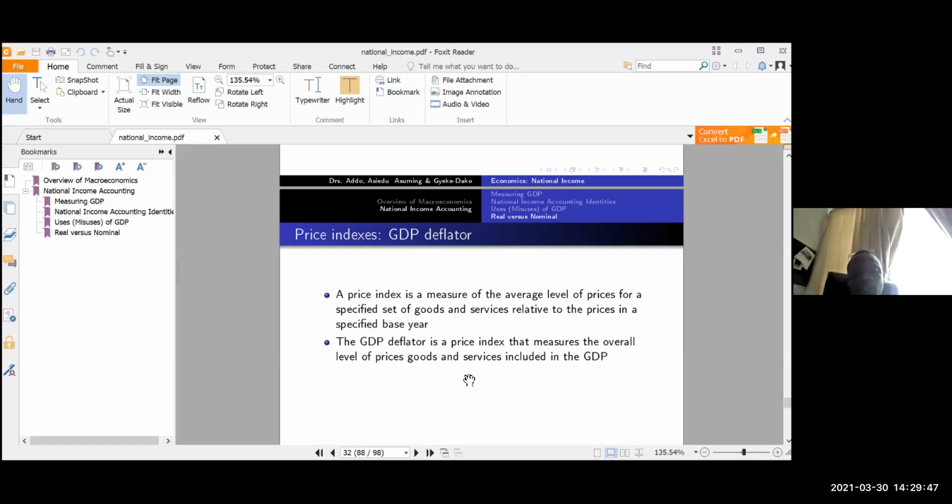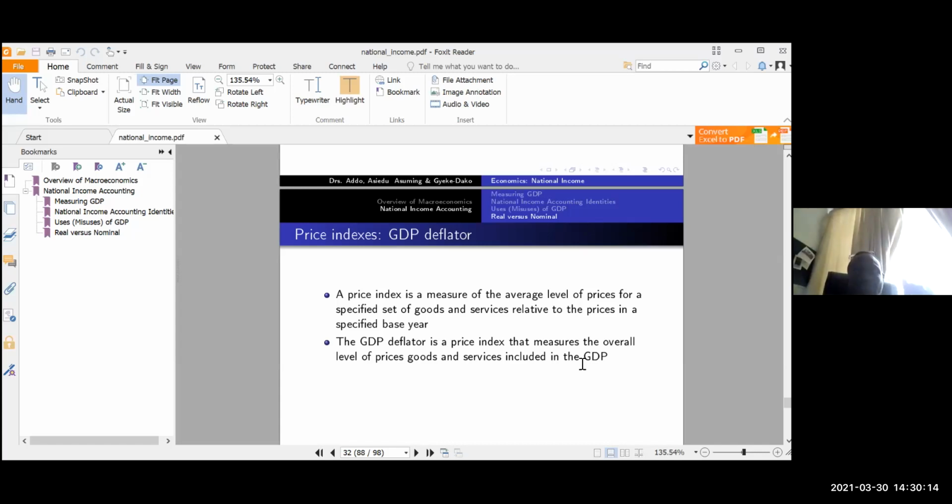The GDP deflator is a price index that measures the overall level of prices of goods and services included in the GDP calculation. So it's basically capturing the price of the things that we produce in the country, that go into calculating our GDP.